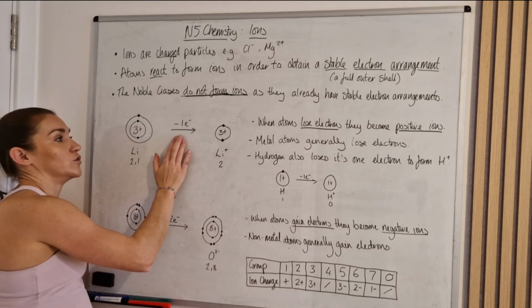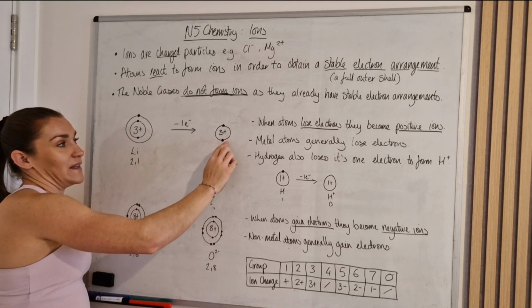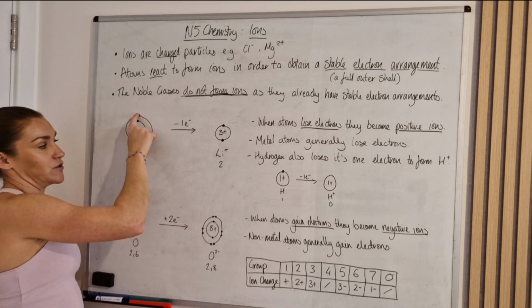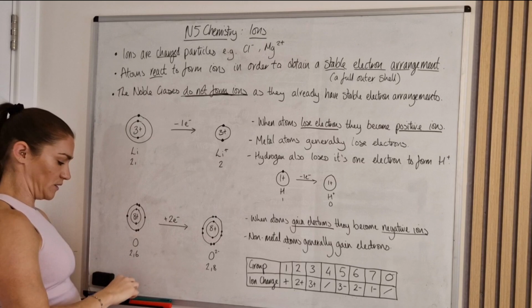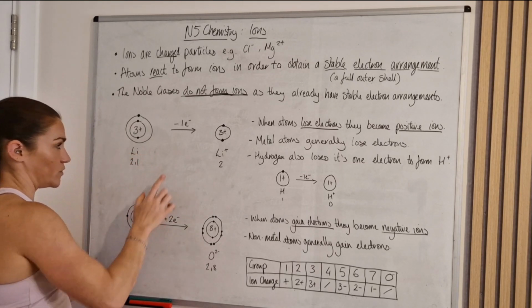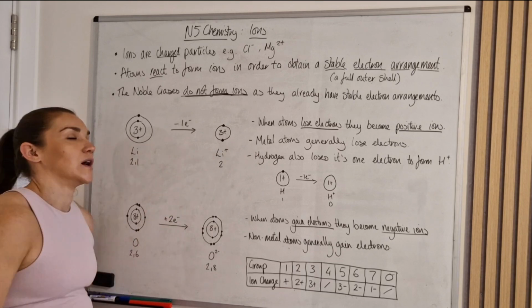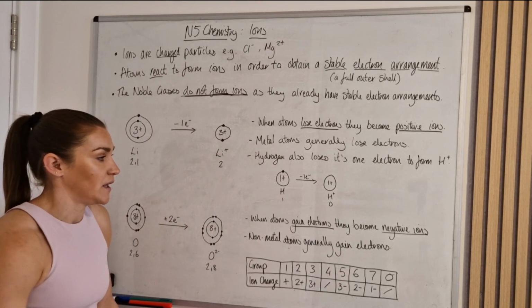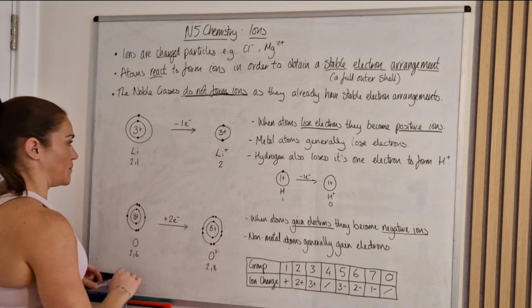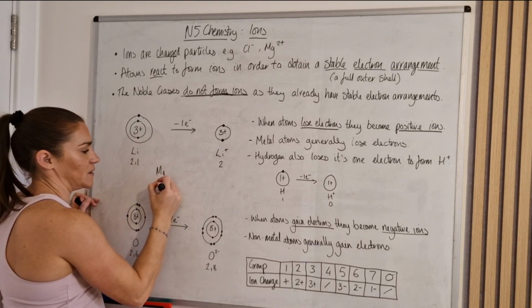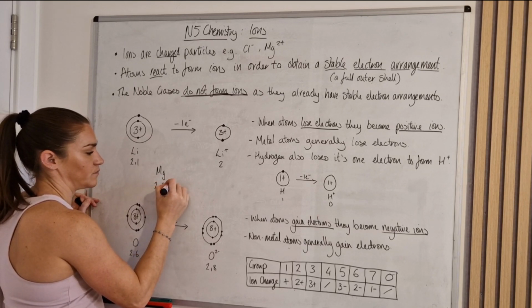So the lithium atom will lose one electron and end up with the electron arrangement 2. Because it loses an electron, it becomes a positive ion with a single positive charge. If we take the example of magnesium, its electron arrangement is 2,8,2.